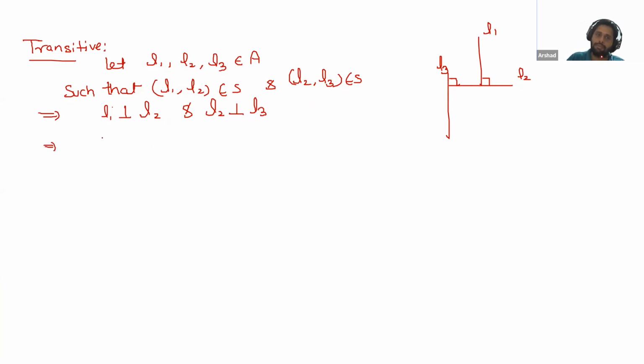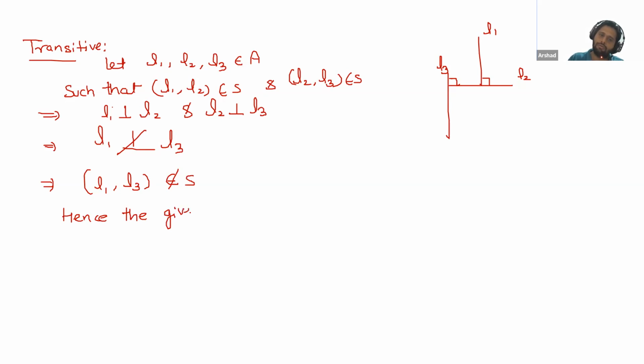So we will write this implies L1 is not perpendicular to L3. This implies (L1, L3) does not belong to the relation S. Hence, the given relation S is not transitive.